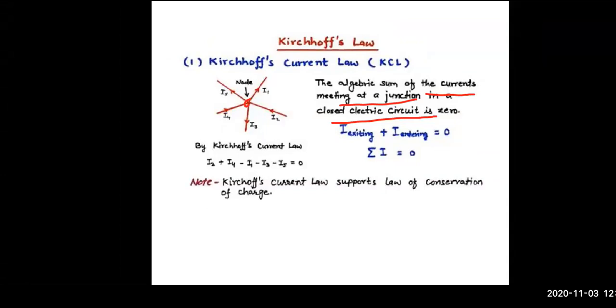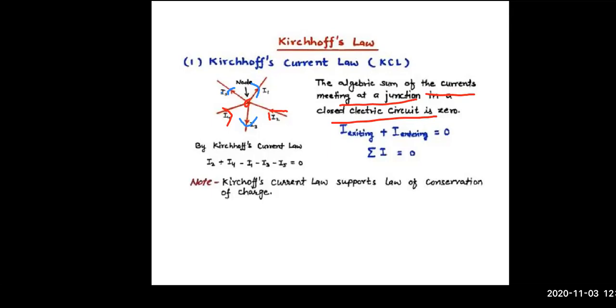As we can see here, the currents that are entering are I2 and I4, which are moving towards the node, towards the junction. And the currents which are leaving the junction are I1, I3 and I5. So the total of the currents at the junction, at the node, will be equal to 0.